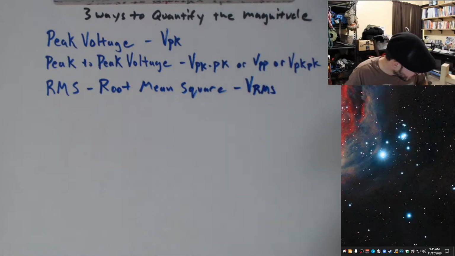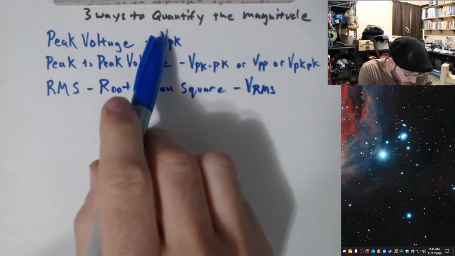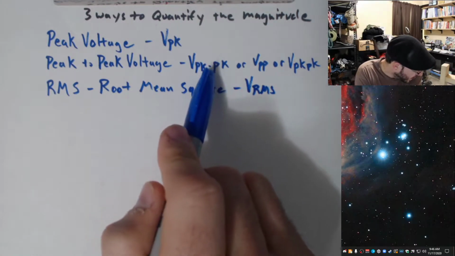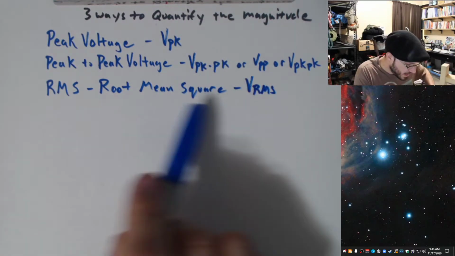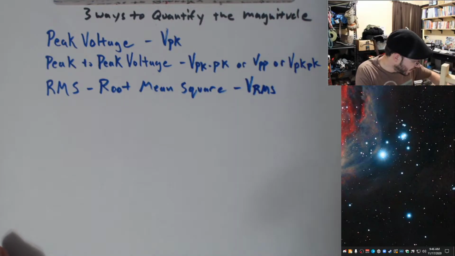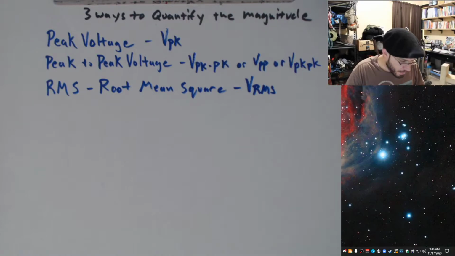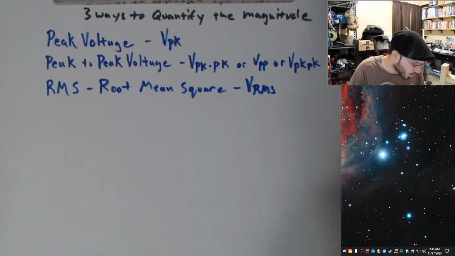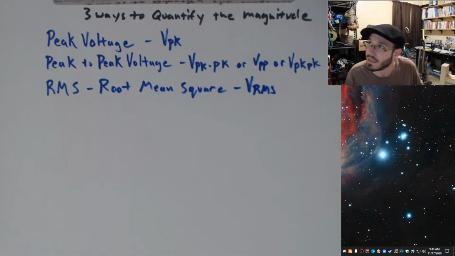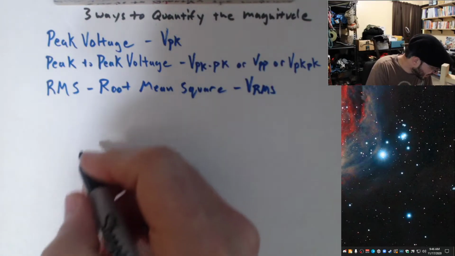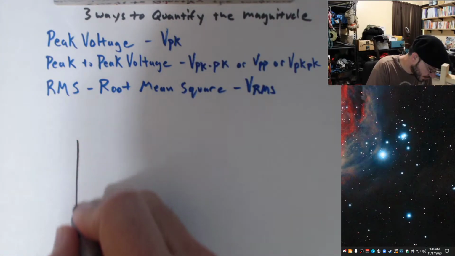So we know peak voltage and we know peak to peak voltage. What's the idea behind this root mean square? Well, I think the best example that I can give is probably what comes out of our electrical outlets in our house, in school, wherever it is that we are, at least in the US. What is the magnitude of our electrical outlets?